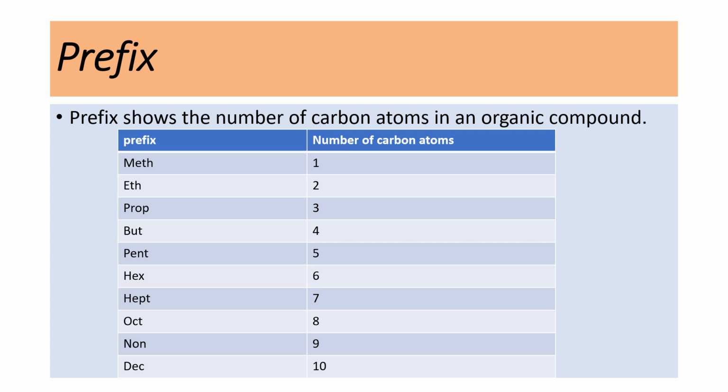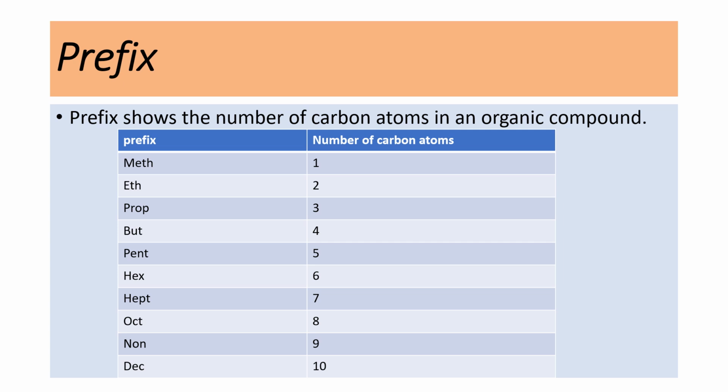Prop, you get propane. But, butane. Pent, pentane, just like that. Then for another organic family, if they end with -ol, you'll be adding -ol: methanol, ethanol, propanol, butanol, just like that.